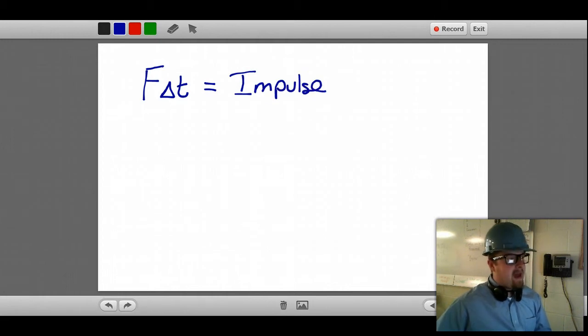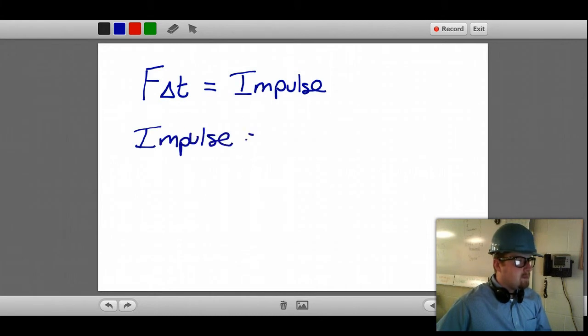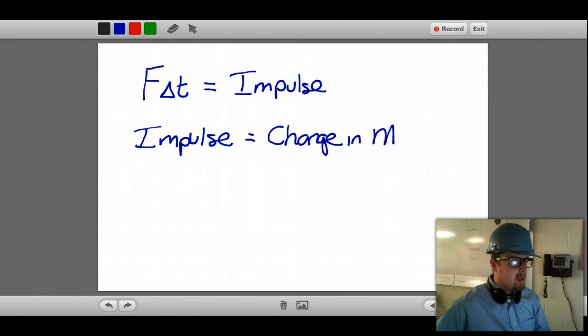Now, the impulse is equal to the change in momentum. So if you know what the change in momentum is, you can find impulse because they're equal to one another.